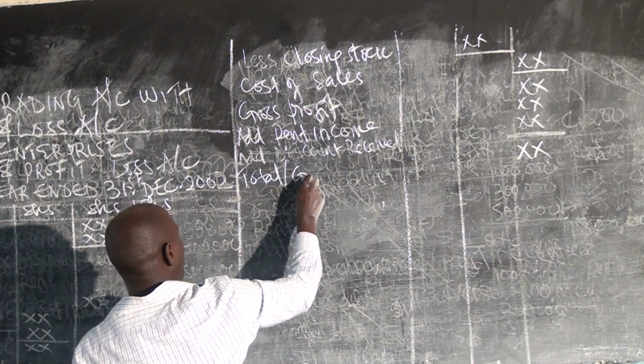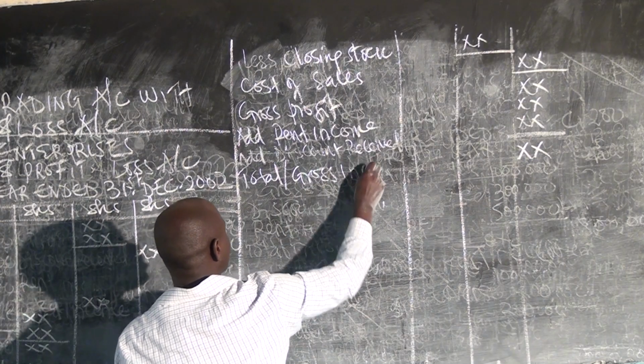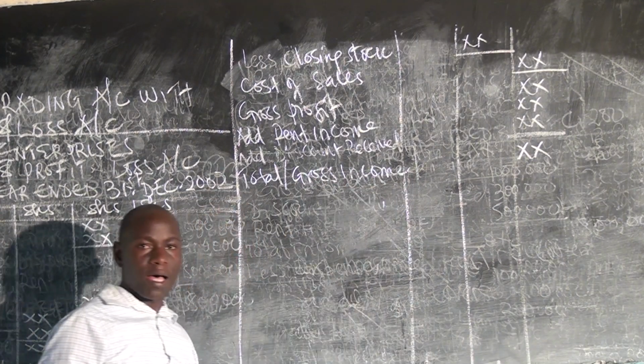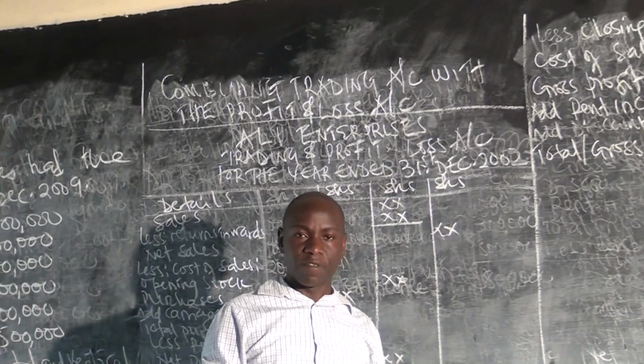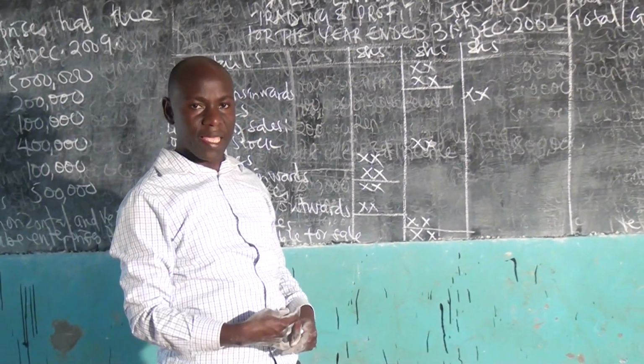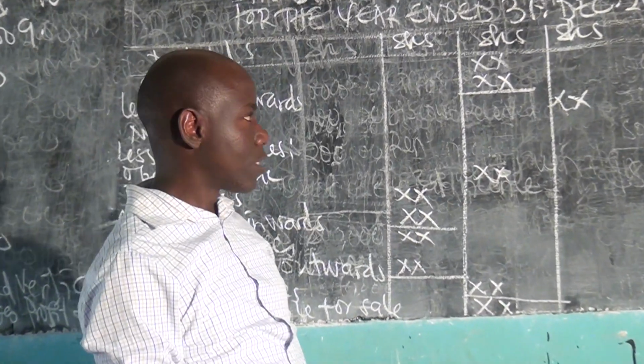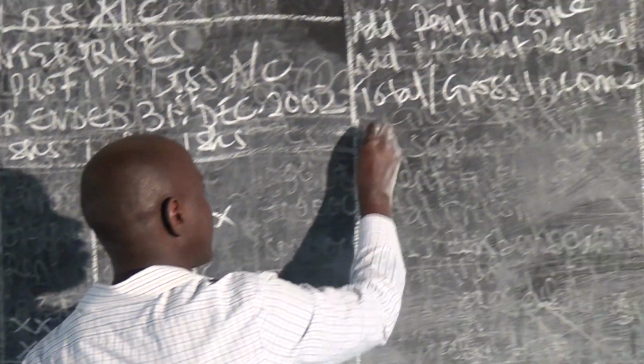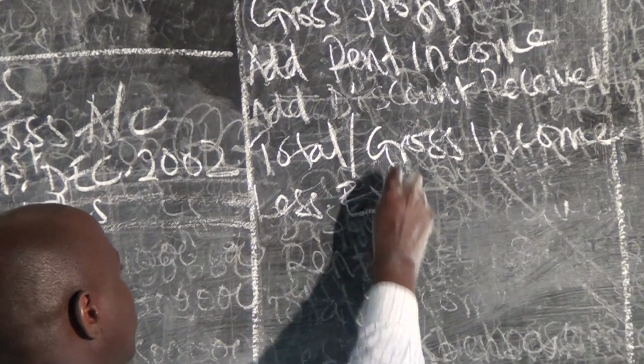Total or gross income. Remember, the formula for calculating net profit says total income minus total expenses. So here we're going to say less expenses.